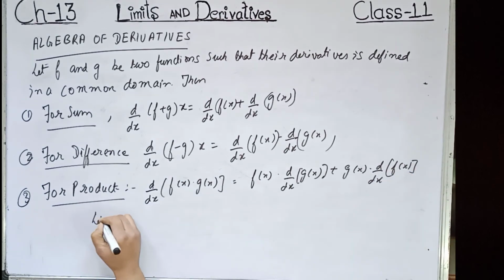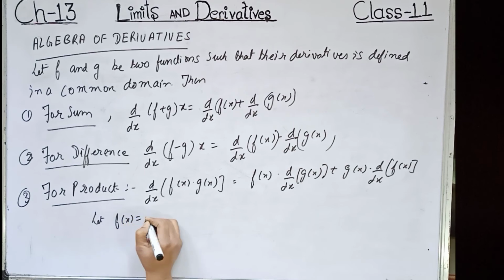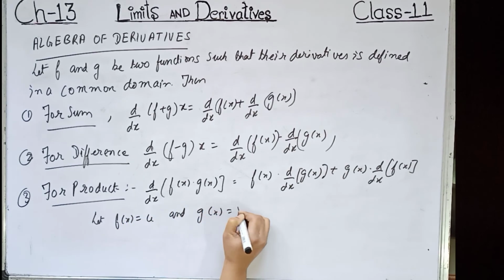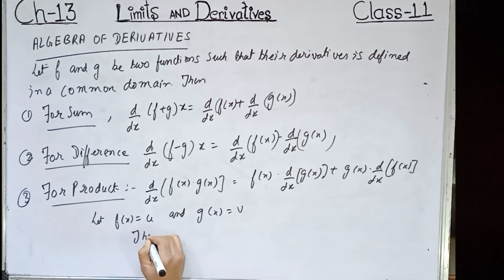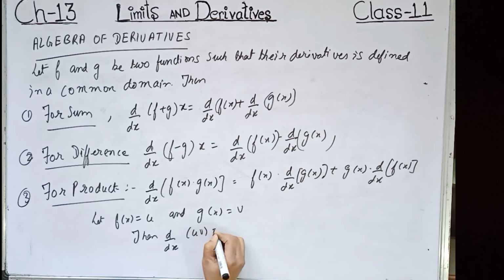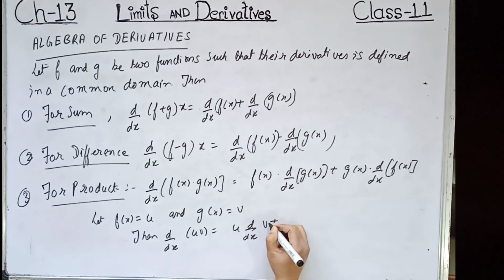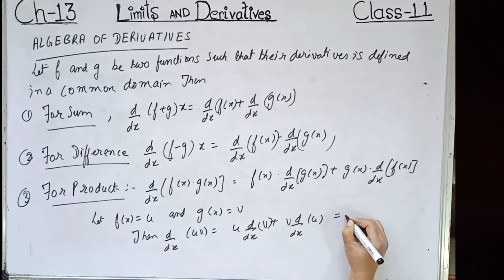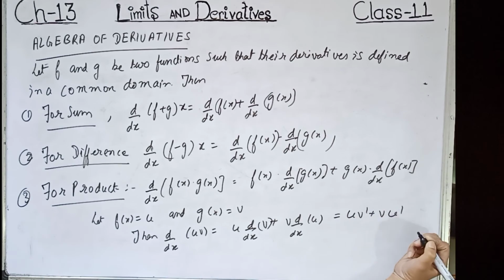Now let f(x) equal u and g(x) equal v. Then d/dx of uv equals u d/dx of v plus v d/dx of u. So this we can write as u v dash plus v u dash.